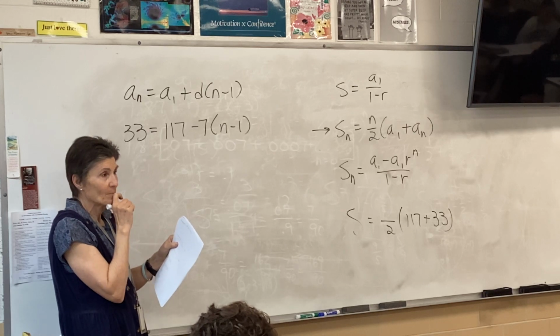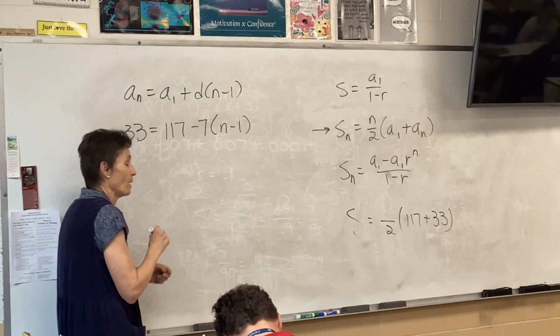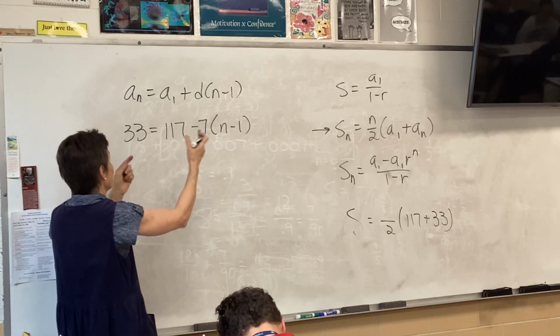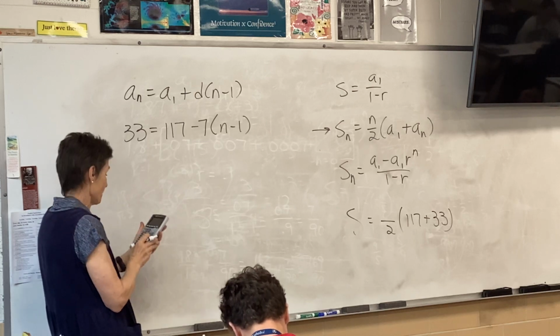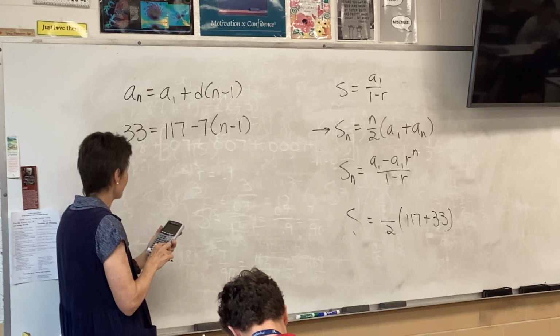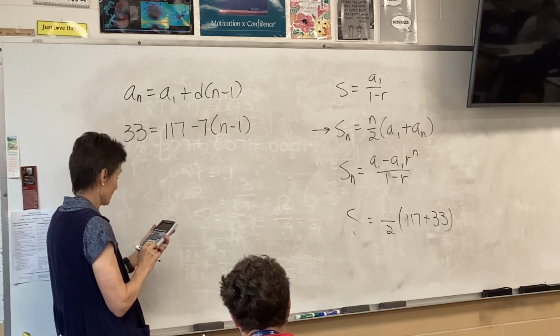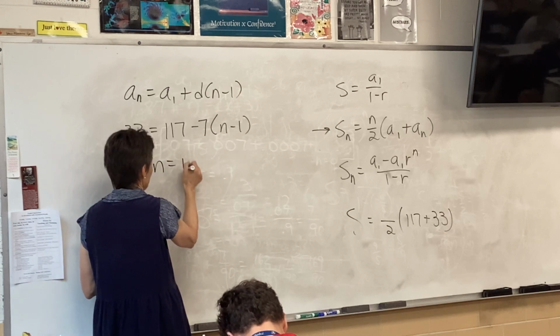Yeah. So if you can't figure it out any other way, you can always, 100%, fall back on your other arithmetic formula, and it will give you what you need. I got 13, is that what you got?